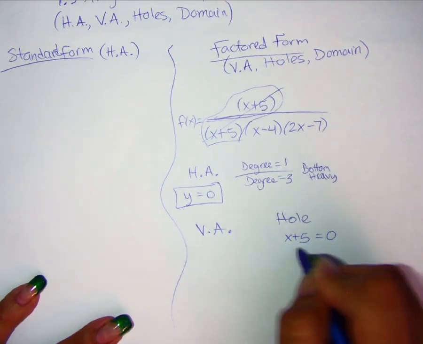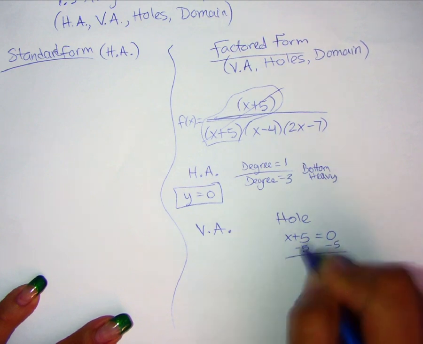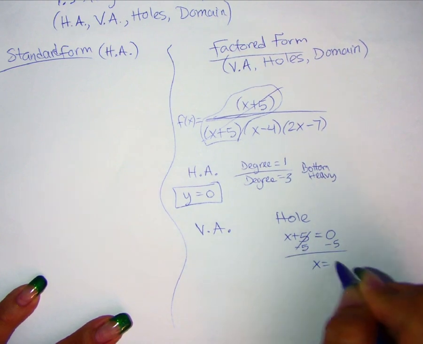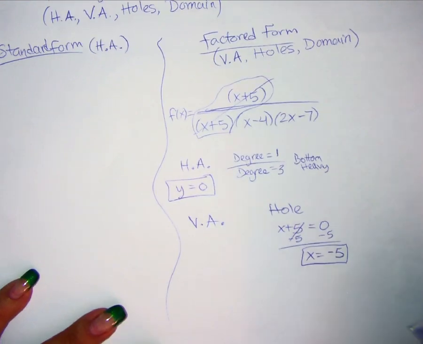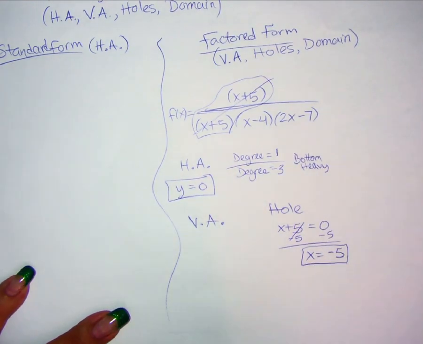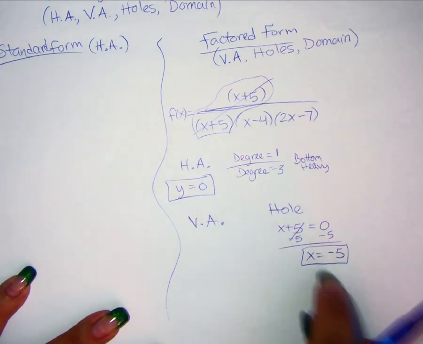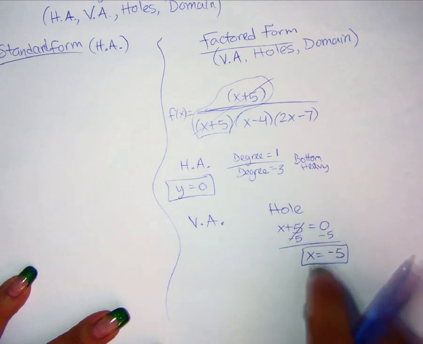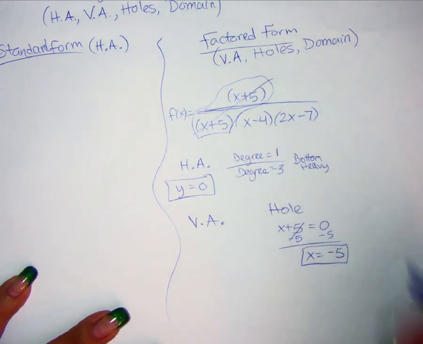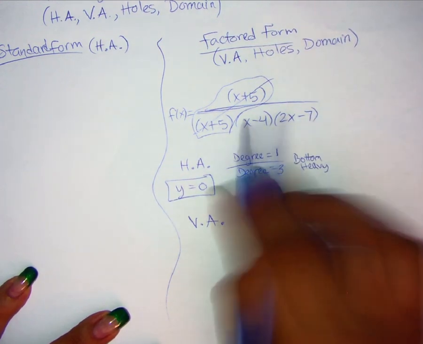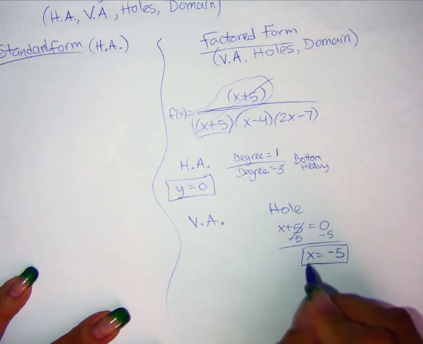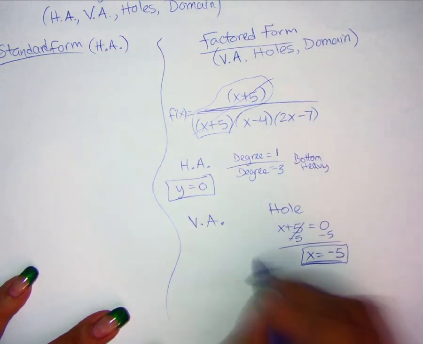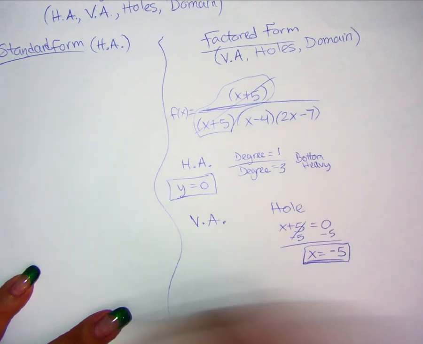Then we solve by subtracting 5. x equals negative 5. That's how we will calculate the x value for that hole. To find exactly the point of the hole, we need to use the other factors and find what that will be. But it's okay if you just find the x value. At least you know where the hole will be.